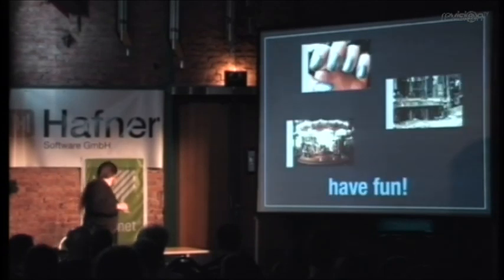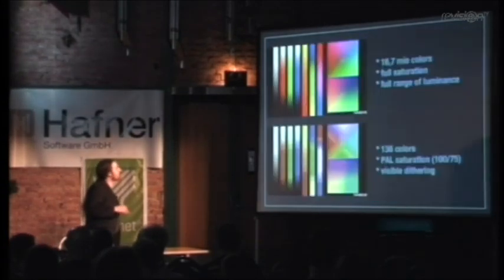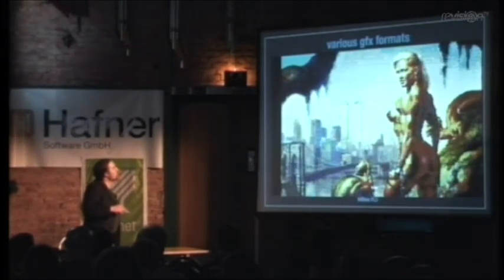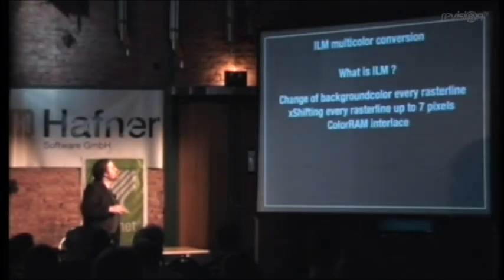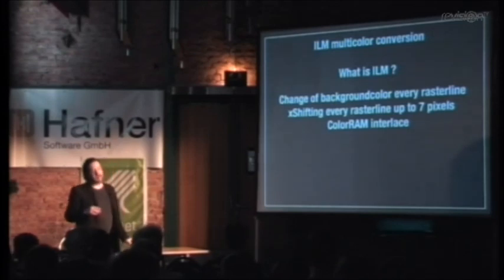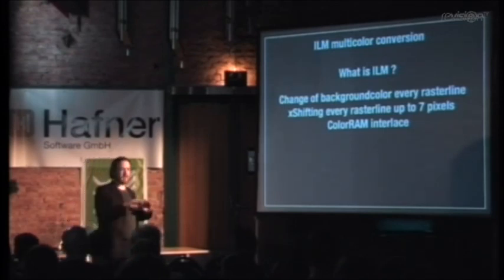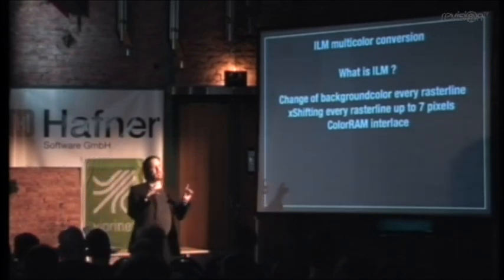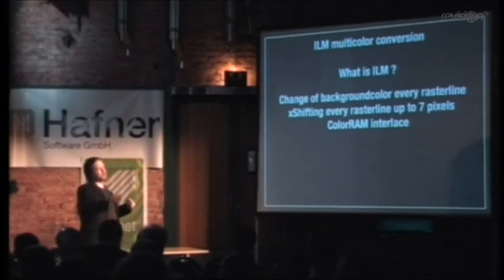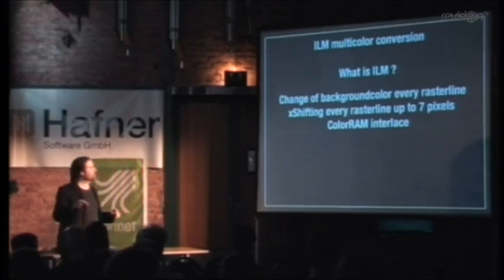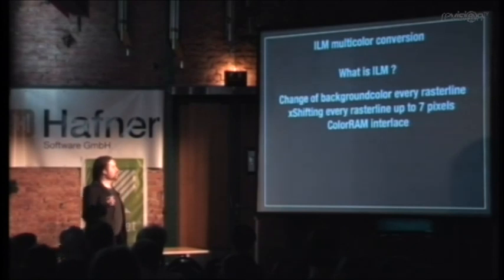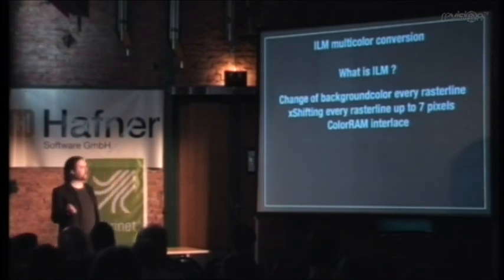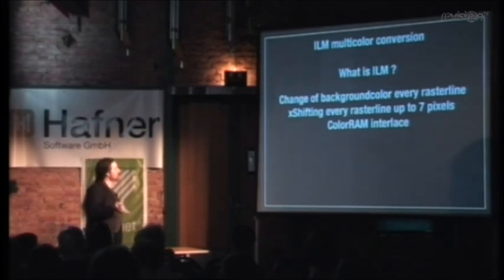We have color RAM interlace. The C64 has a color RAM. It's a matrix of 40 times 25 colors, which give a background color to every high-res matrix.